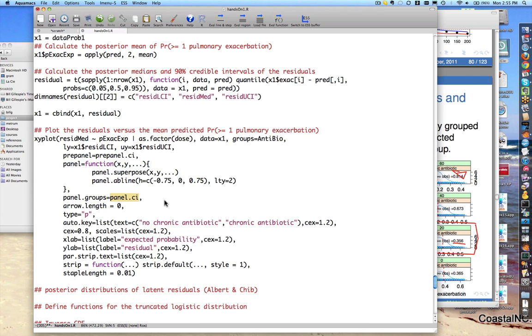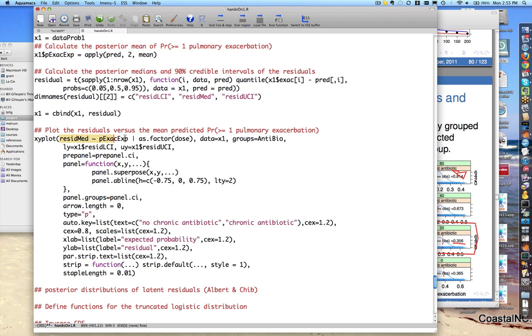I didn't develop that particular function, somebody else did, but it is contained in there, which creates plots that include error bars, or the CI actually stands for confidence interval, shown as error bars, so that we can see our posterior predictive intervals in that.